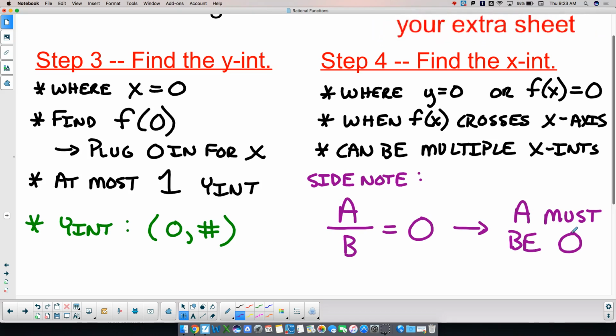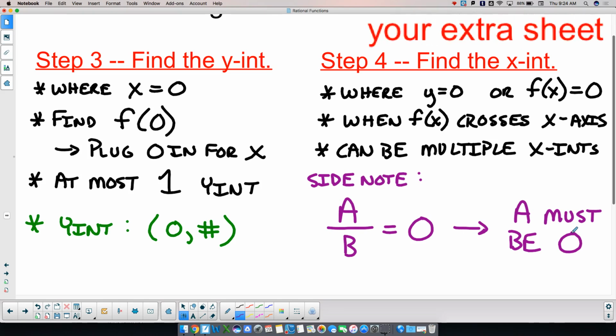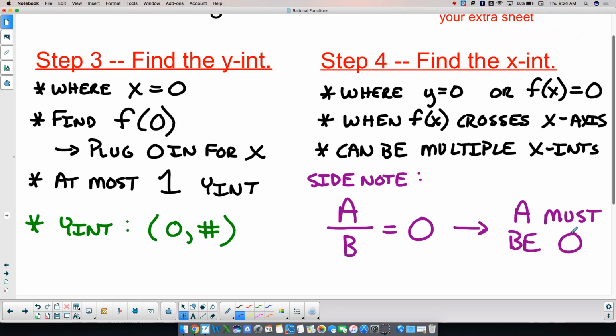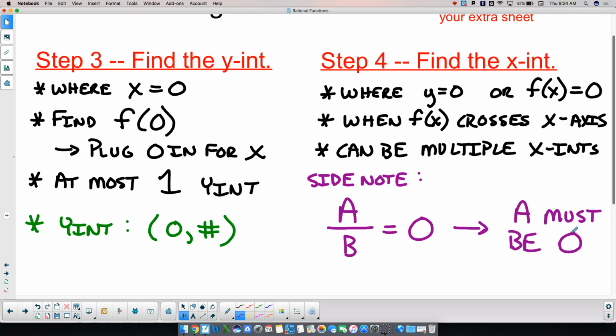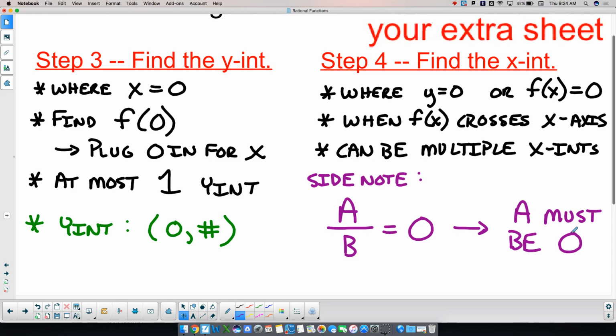Sounded like you said solve something. Solve what? Set what equal to 0? Okay, so if I set the function equal to 0, what's the first thing that I'm going to do? Get rid of the fraction. How? Multiply by what's on the bottom, right?